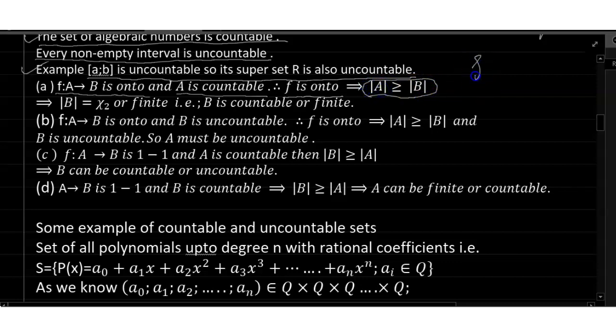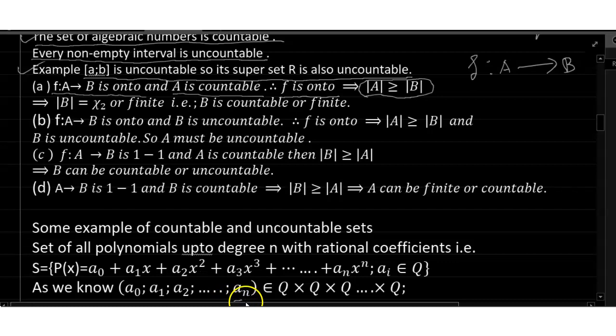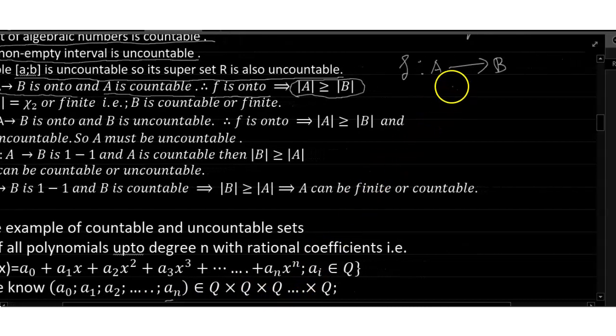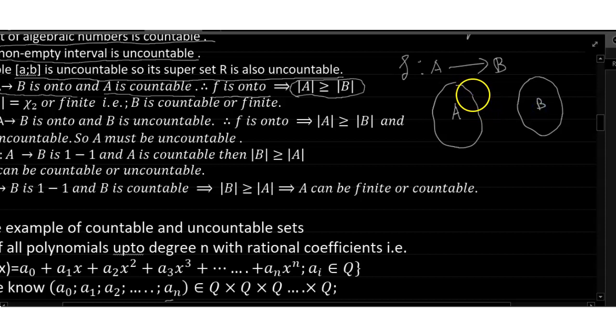Suppose f: A → B, okay, I draw a diagram. This is A and this is B. So if it is an onto map, onto map means every image has a pre-image.